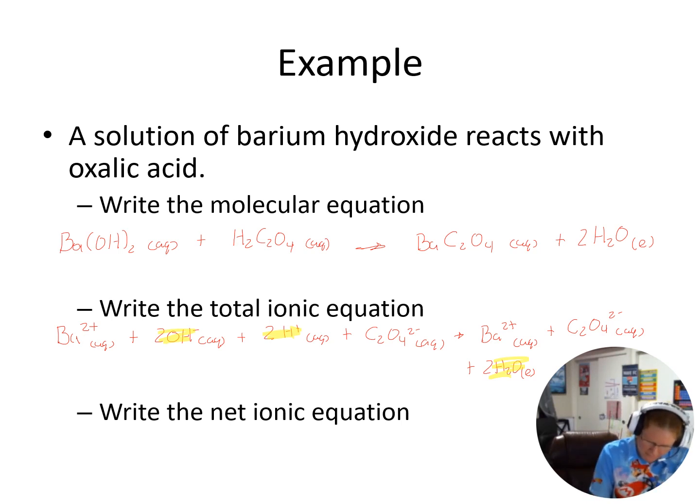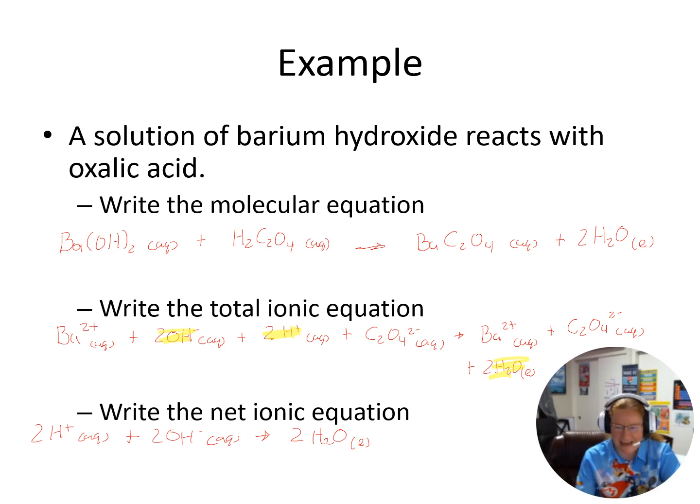Okay, so we'll start off here. Now, when we think about the net ionic equation, and we look at what just reacted, I have a 2 in front of everything, so I can reduce this down.